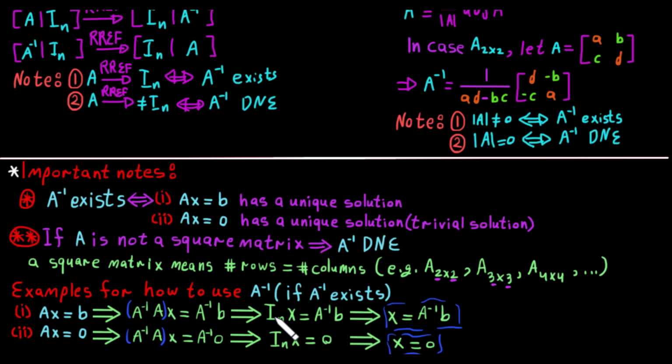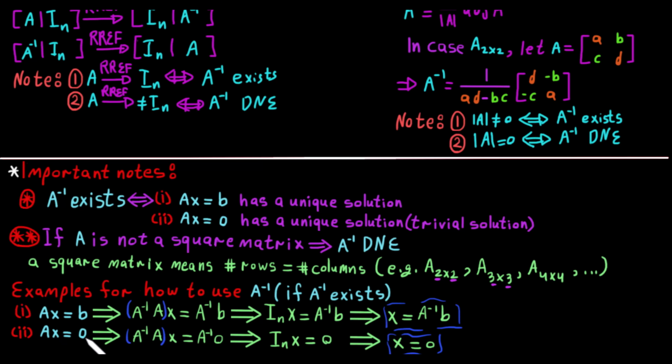You know that any matrix multiplied by identity will remain the same, so it will not affect anything. So it will be just x, identity multiplied by x is x, and here A inverse B will remain the same. So the answer will be x equals A inverse multiplied by B. So the solution, you can find it by this formula.